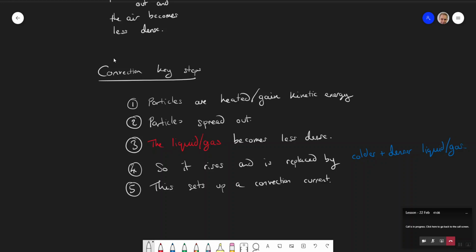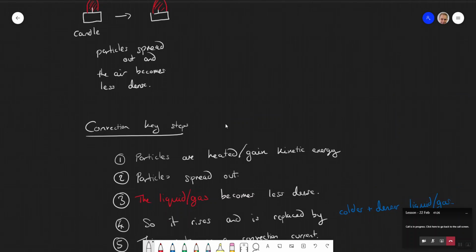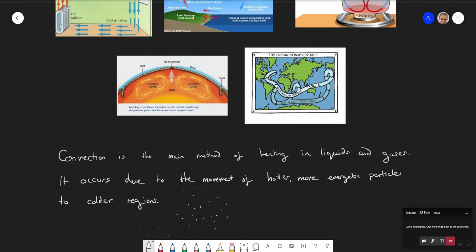Those are the key steps that you need. If you're asked to describe a convection current, this is what it is. And it's about spotting, if you get a question, how do I explain what's going on and why. But that is how convection works.